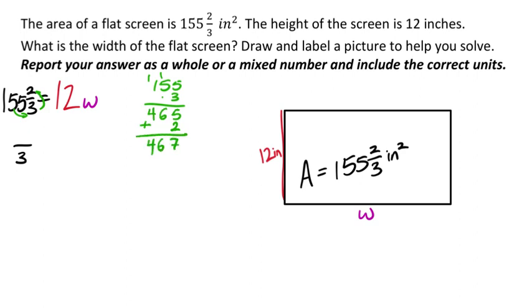We have 467 thirds, and this equals 12 times W.